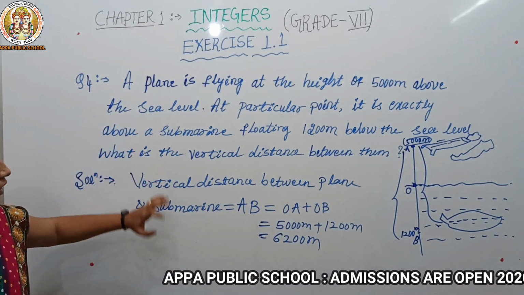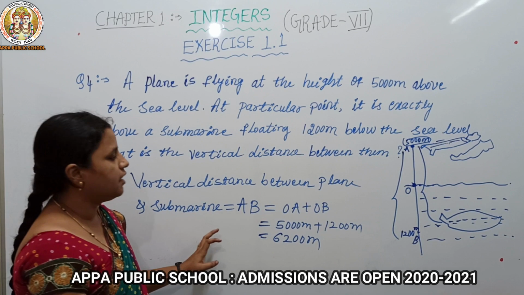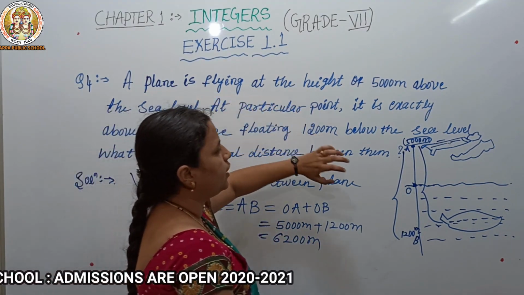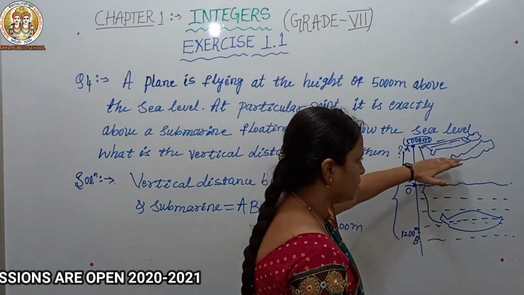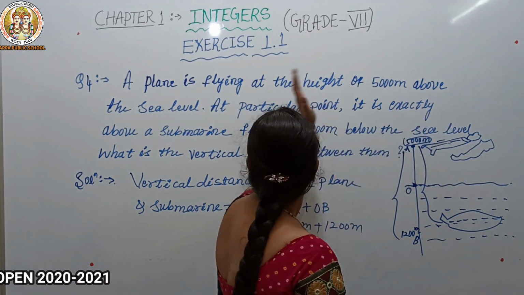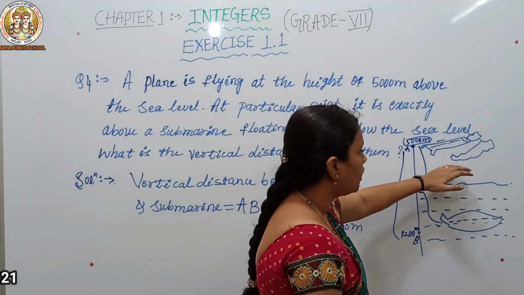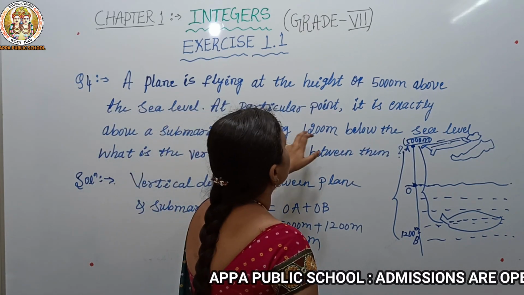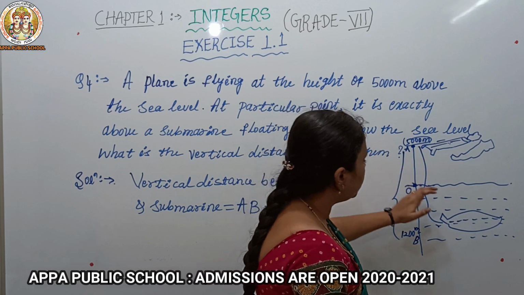Once again, repeating the solution. In the question, they said a plane is flying at a height of 5000 meters, and it is exactly above a submarine 1200 meters below the sea level.